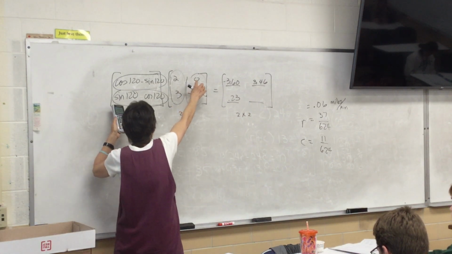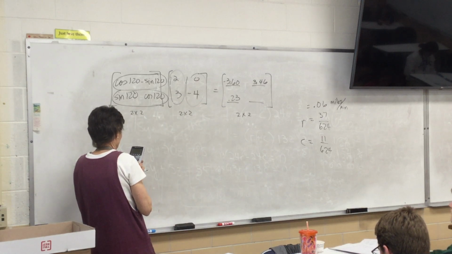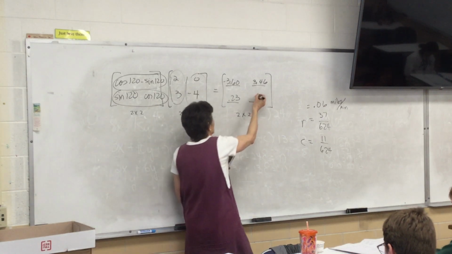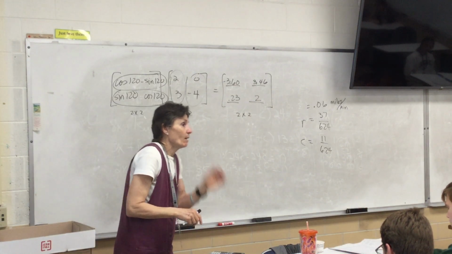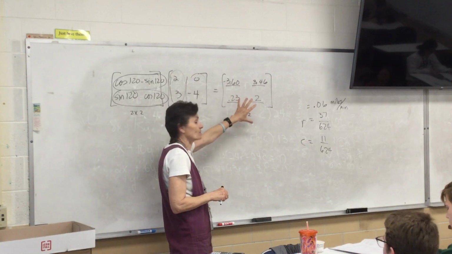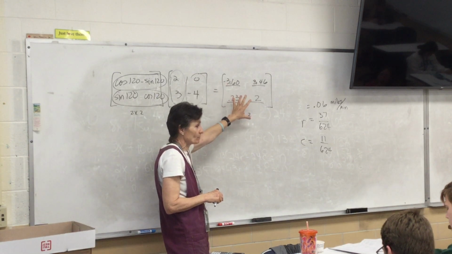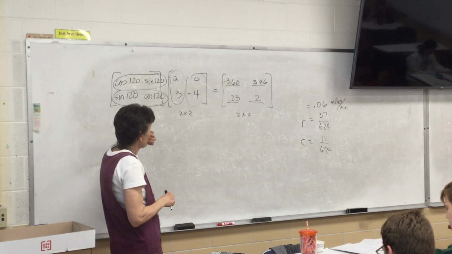And finally 0 times sine and negative 4 cosine. Now, because I rounded these off, there is round off. Don't get me wrong, there is round off in my final answer. But I didn't round off these things.